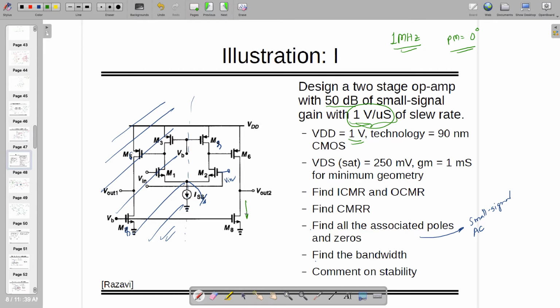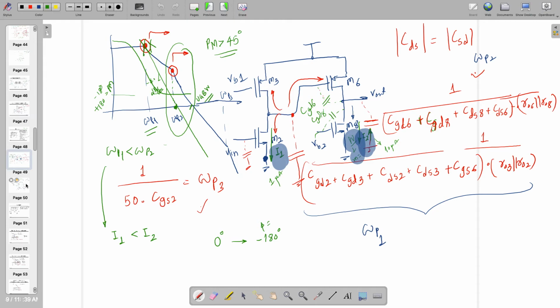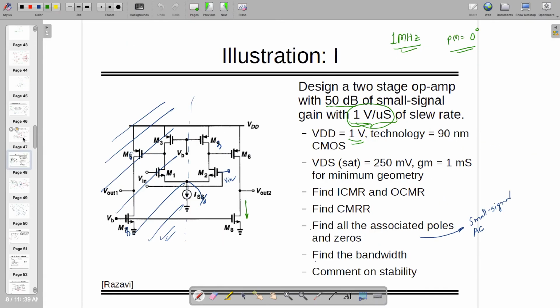Till now we have not touched the theory, but the theory says that increasing this current will take this pole this side, but this pole will actually go inside. We will talk about this later when we talk about pole splitting. I'm just giving you an idea. So bandwidth will actually not be 1 mega, but it will decrease, and afterwards you need to increase the I1 also. So this will happen for sure.